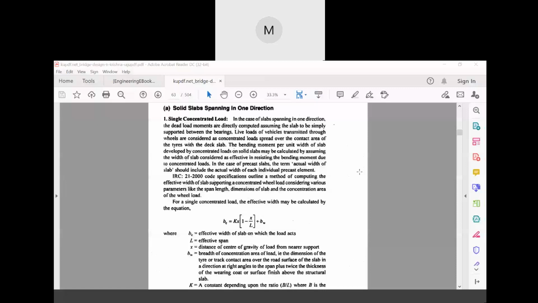No idea. One-way slab has two supports and two-way slab has four supports.